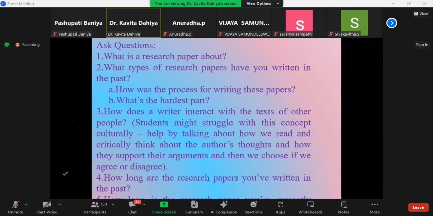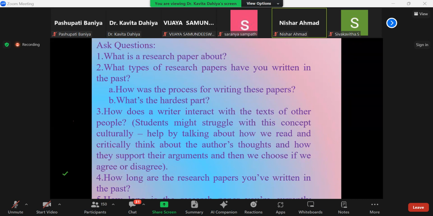So you need to understand your working methodology, what exactly your paper is about, how this research is influencing or is influenced by the available literature, what is the process of writing this research paper, and how this research paper is influencing your work as well as society, and how long you are associated with the research work.